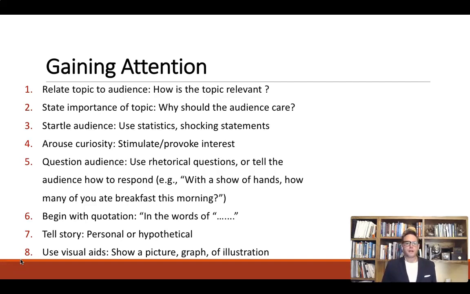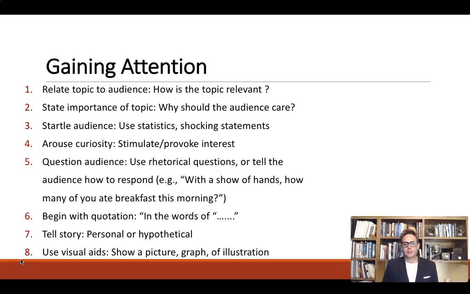So you might come out in your presentation on stage and say something like, good morning or good afternoon, everyone. All of us here are college students. All of us here are affiliated with the Institute, right? So there you go. You could state the obvious or relate the topic to the audience.